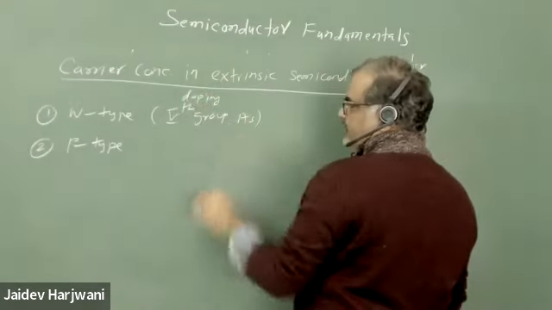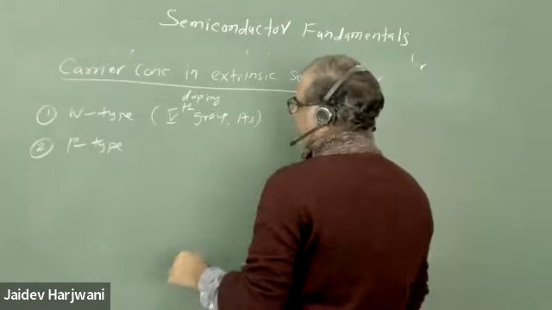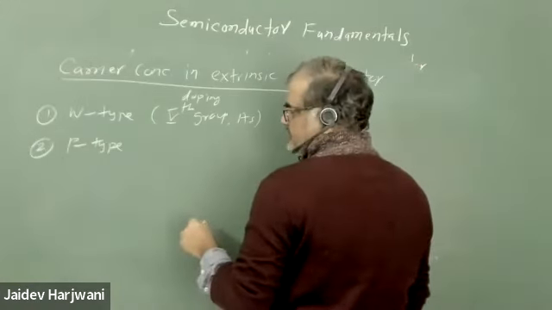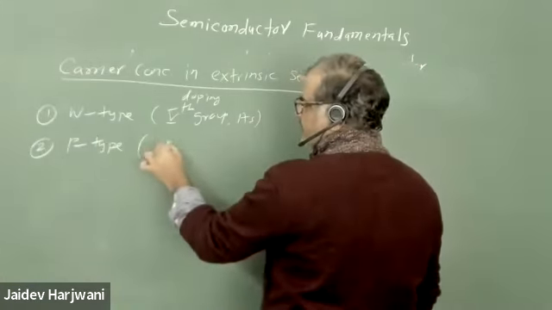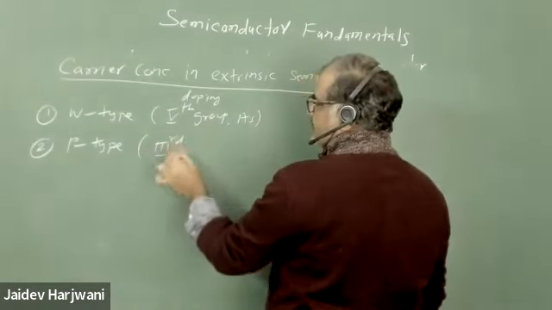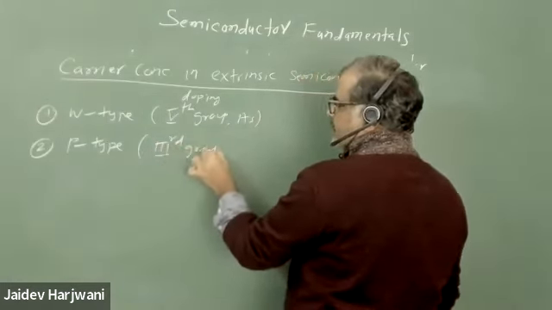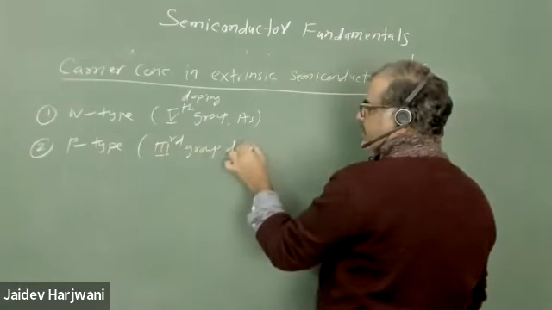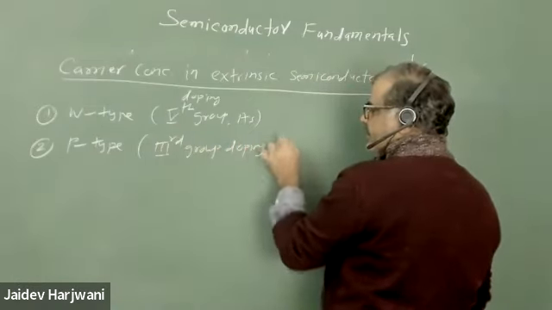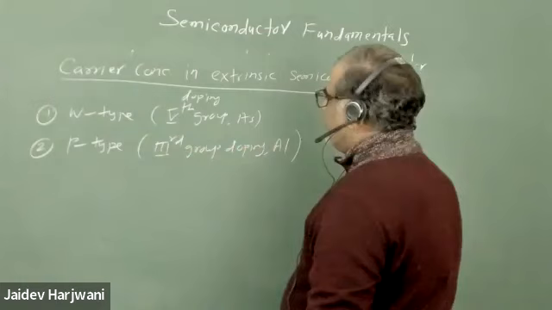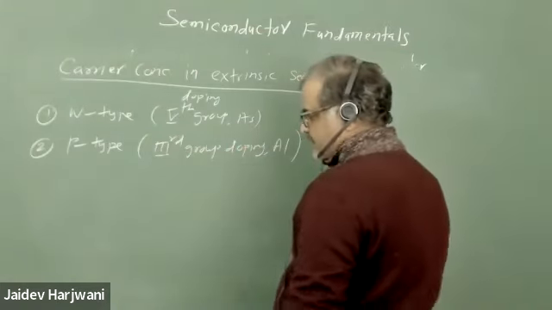So arsenic becomes donor, okay, and it gives one extra electron in the system. Similarly, when you do third group doping, okay, like aluminium, okay, then you get extra hole in the system.